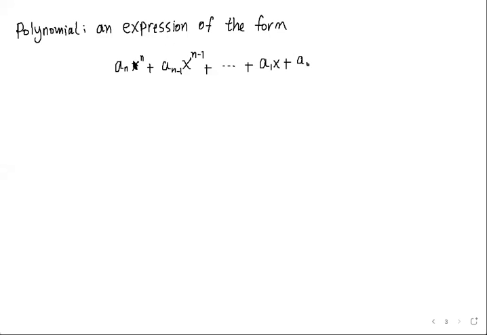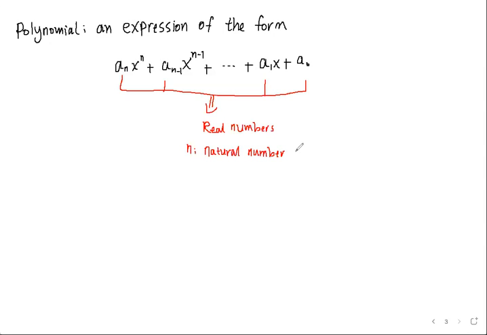What's that? All the a's here are real numbers, and the n, see the n minus 1, the n is a natural number or 0.